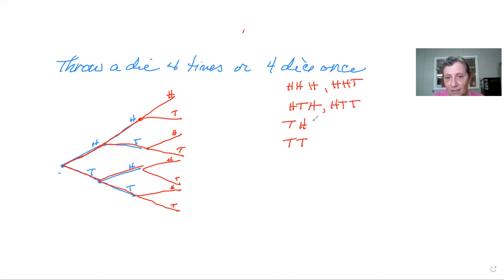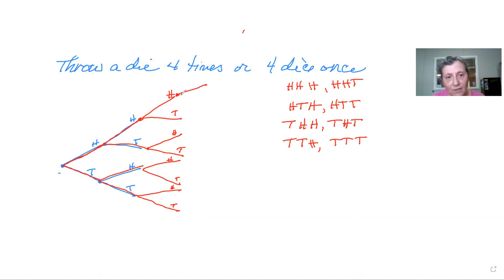Again, the tail-head combination with the third one could result in a head or a tail, and the tail-tail could result in a head or a tail. So now, after 3 tosses, we now have 8 possible outcomes.